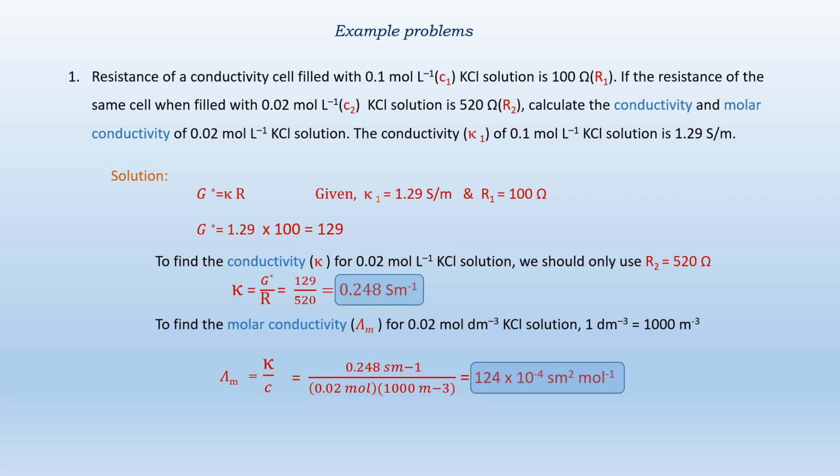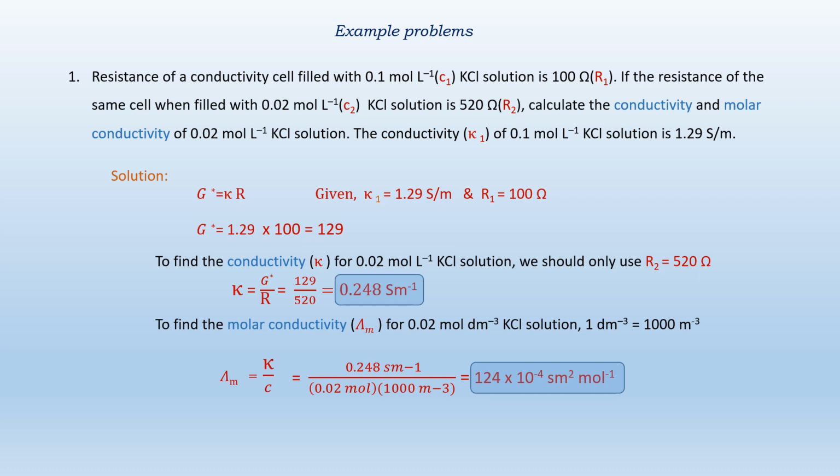So they have given two concentrations. One is 0.1 molar KCl and another one is 0.02 molar KCl. And they have given the corresponding resistance also, 100 ohm and 520 ohm. As I have highlighted, the concentrations are C1, C2 and the resistances are R1, R2.